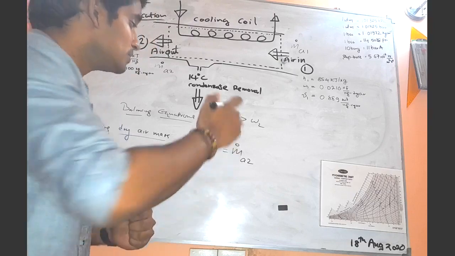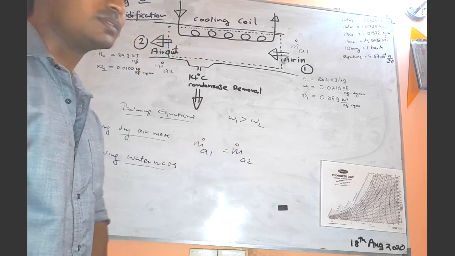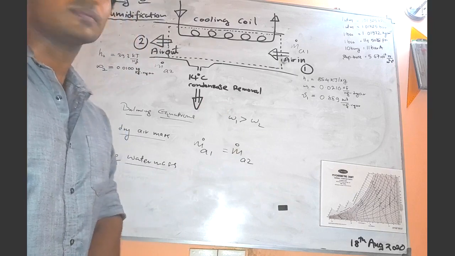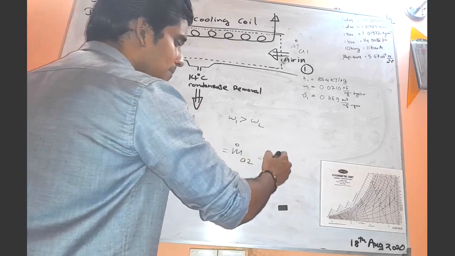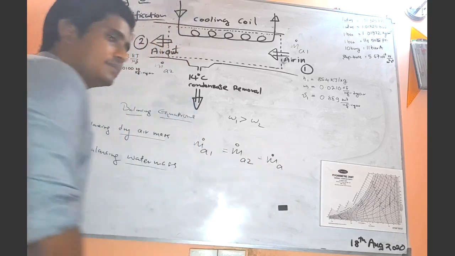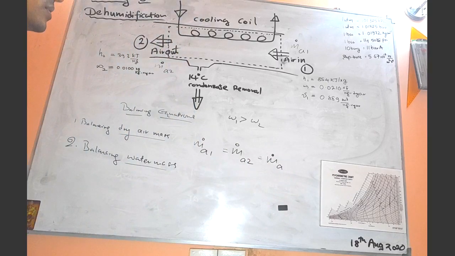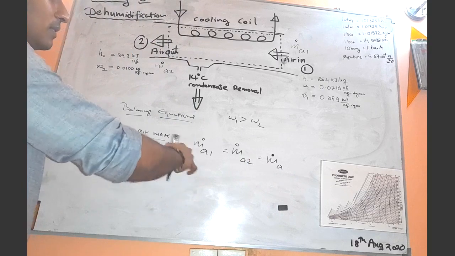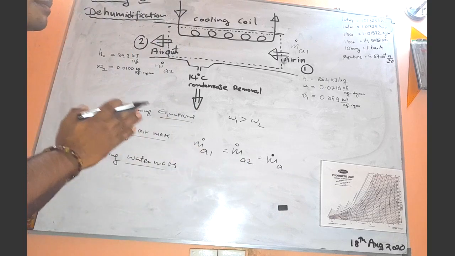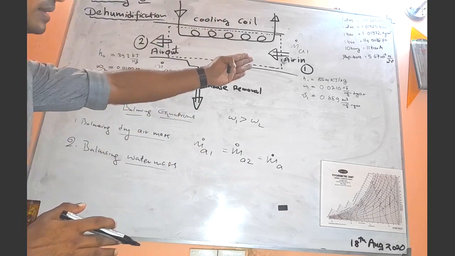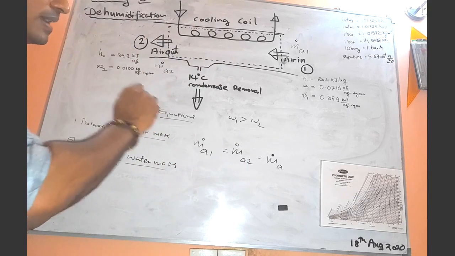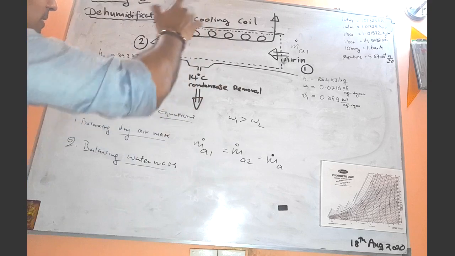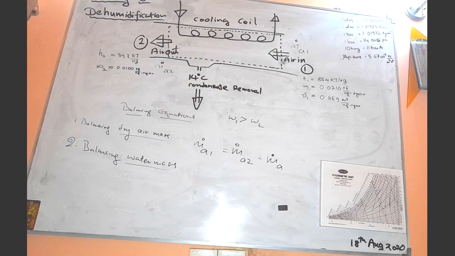If you take too many terms and components into the problem, it will be very difficult to solve. ma1 dot equals ma2 dot equals, let's call it ma dot. ma1 dot is the dry air mass flow rate at the entrance, and ma2 dot is the dry air mass flow rate at the outlet.